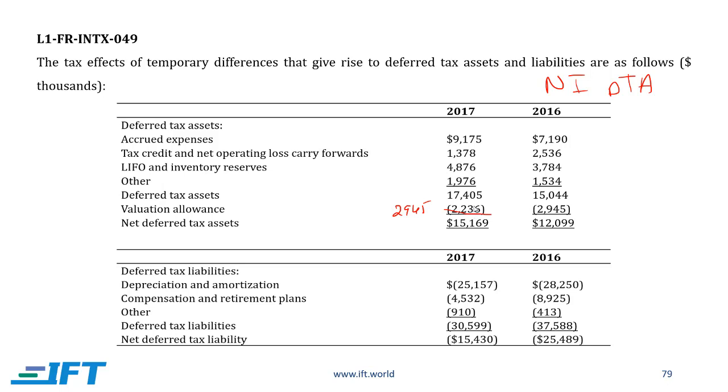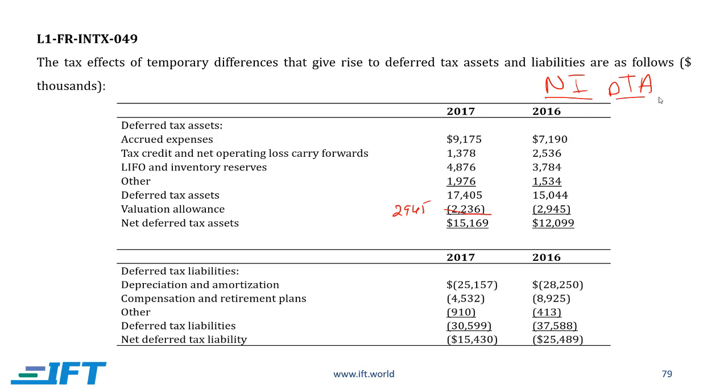What does it mean? Improvement in profitability or reduction in profitability? Improvement. As your valuation allowance decreases, there is an improvement in profitability. Over here, it is 2236. If it increases to 2945, what do you expect to happen to net income? It is not good for your net income.